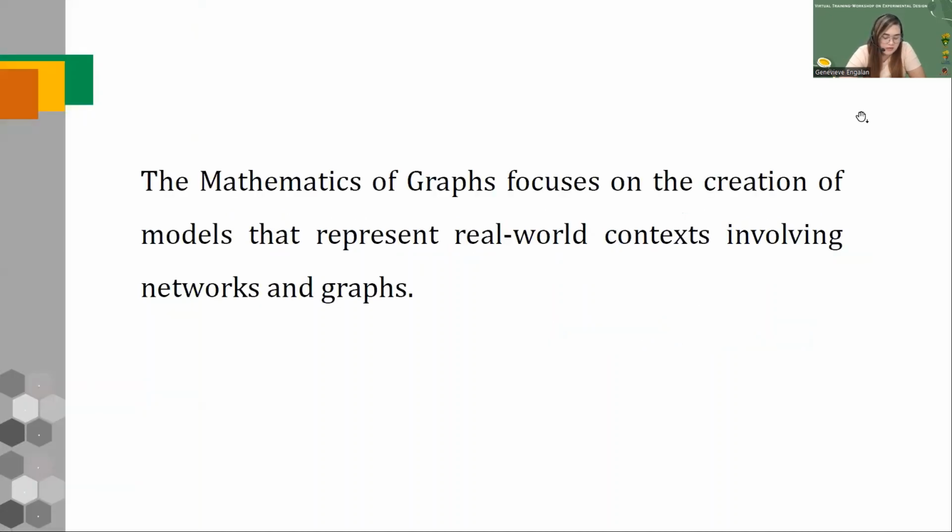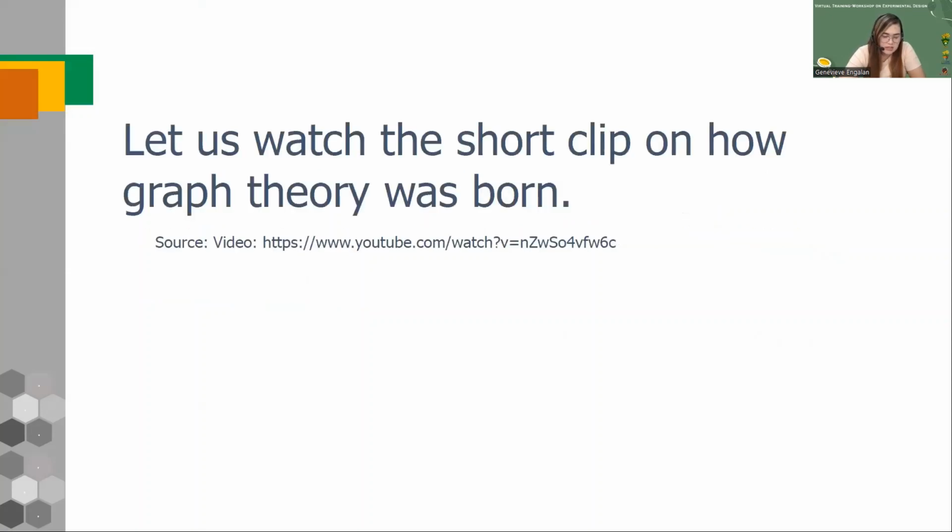The mathematics of graphs focuses on the creation of models that represent real-world contexts involving networks and graphs. So let us watch a short clip on how the graph theory was born before we proceed.